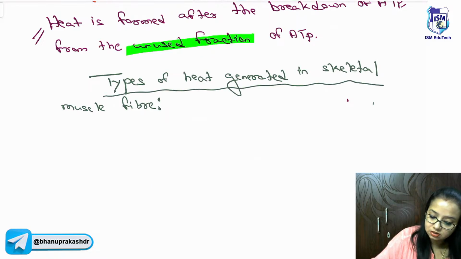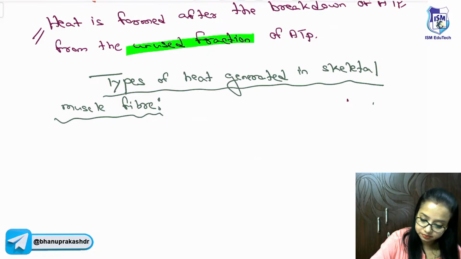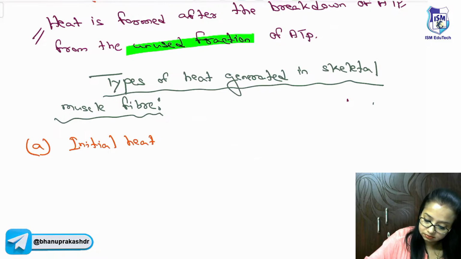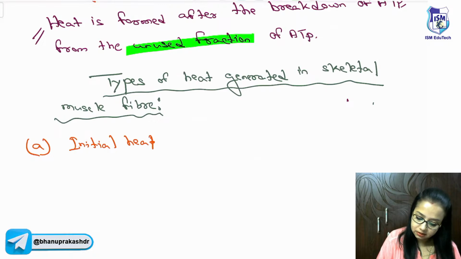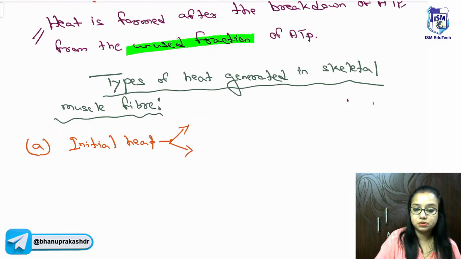Okay, what are the types of the heat that is generated in the skeletal muscle fiber? First one is the initial heat. Okay, initial heat, it is of again two types.